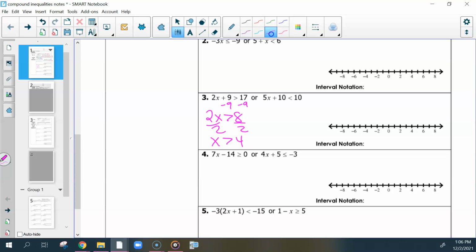And then we could solve the other one. Bring down the or. Subtract 10 on both sides, and divide both sides by 5.